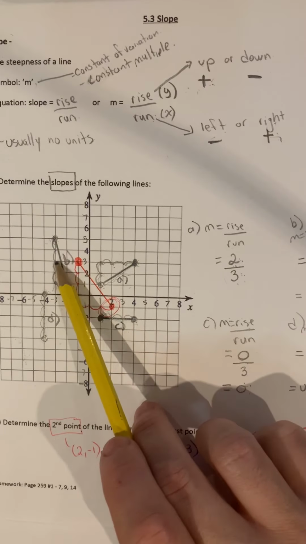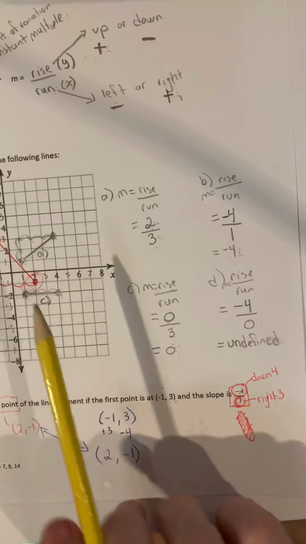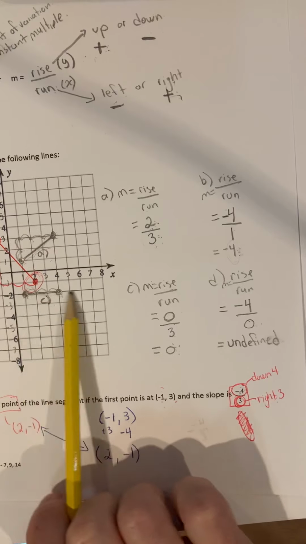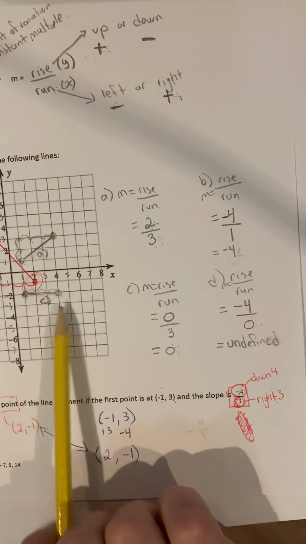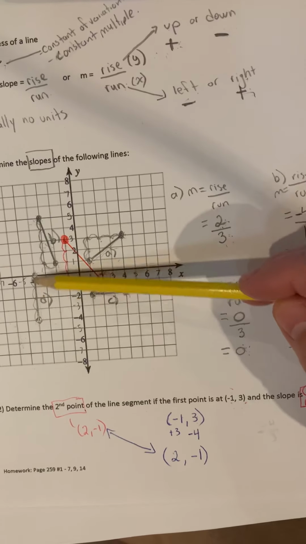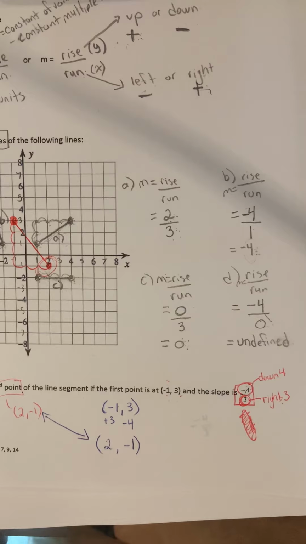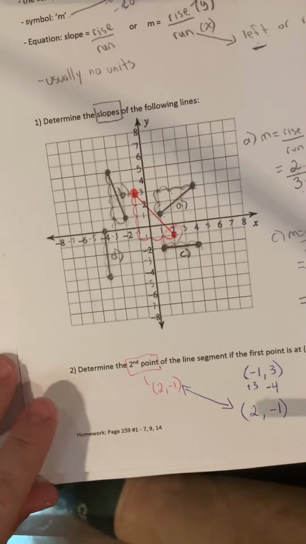This one: down 4, so -4, 1 to the right. Horizontal line, anytime you see a flat horizontal line, it's automatically 0 slope. If you see a vertical line, that means you have a 0 in the denominator. It's an undefined slope. Okay, that concludes the lesson for today.